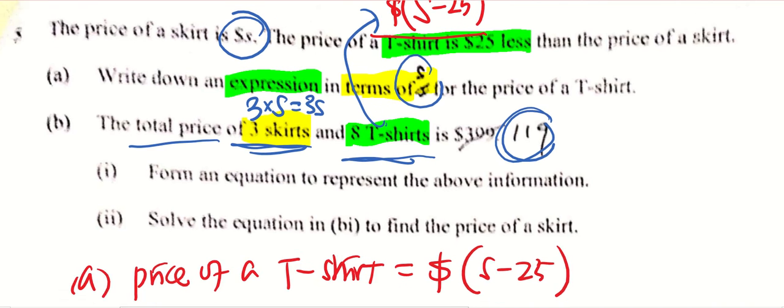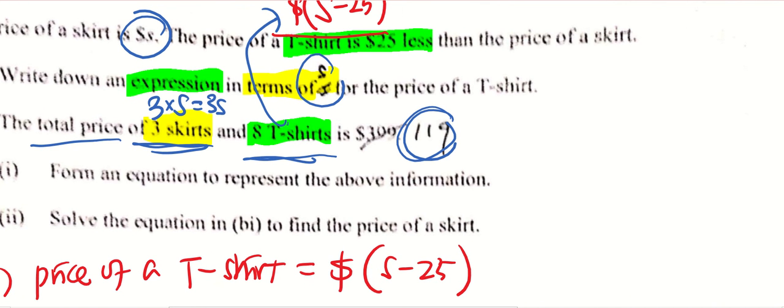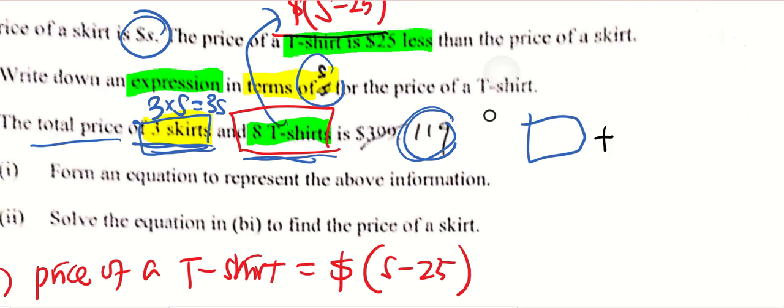So you can kind of imagine already, right? If I use red color to represent the price of 8 t-shirts and blue color to represent the price of 3 skirts, you can imagine that this blue square plus red square equals 119. So this is how you can help yourself to think, in simple terms.